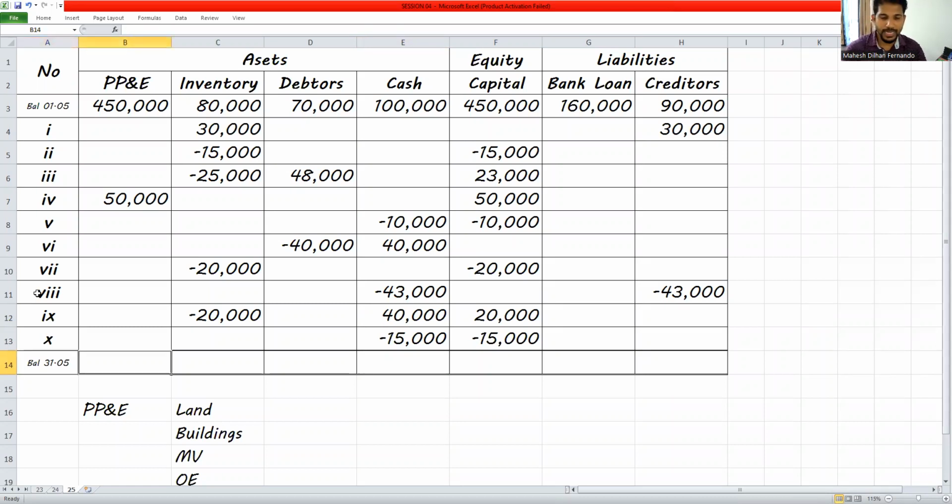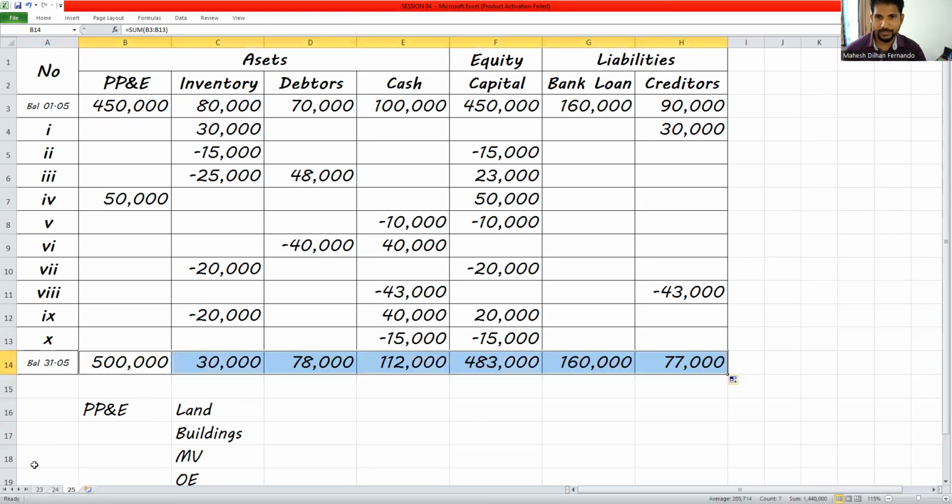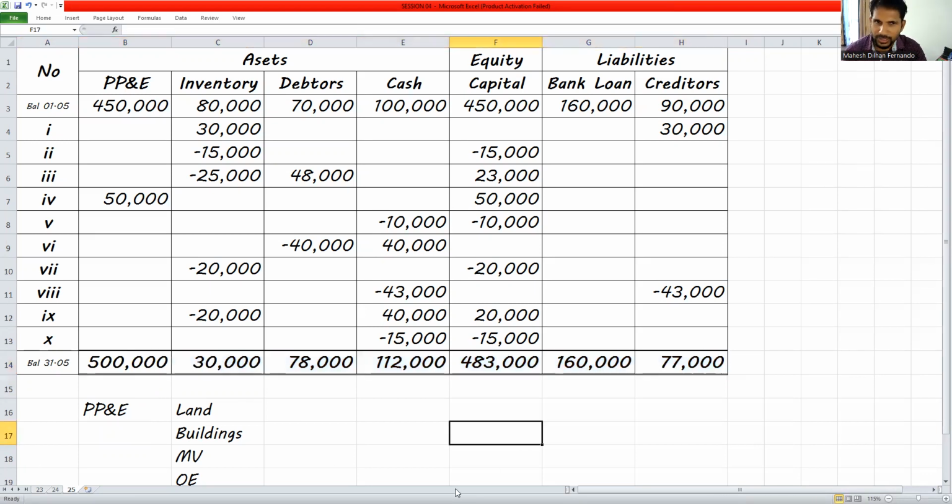Right. Now we can obtain the closing balances. Check your answers, please. The one that was a bit tricky was PPE. All the other transactions are manageable.